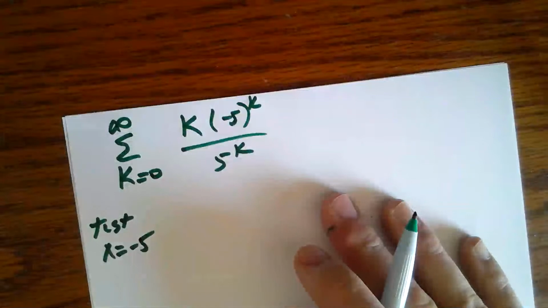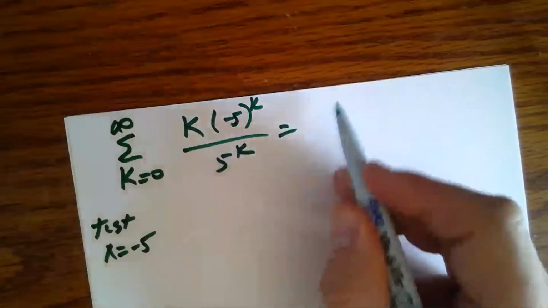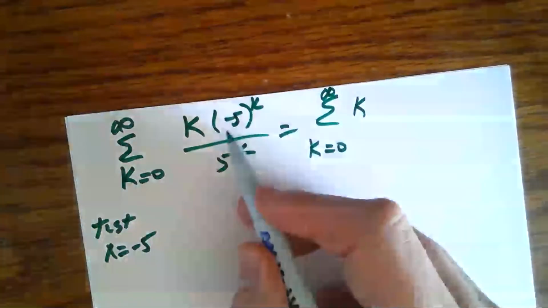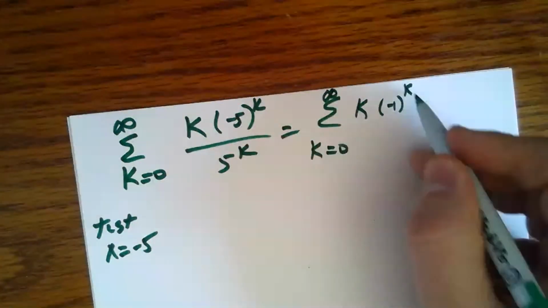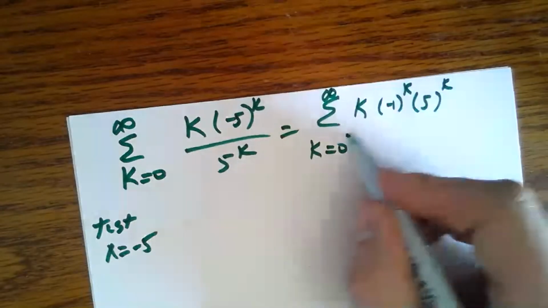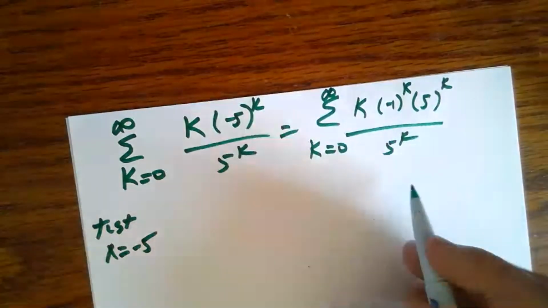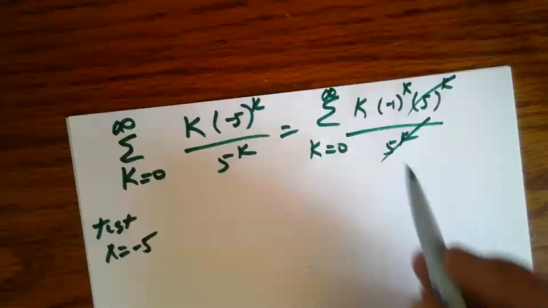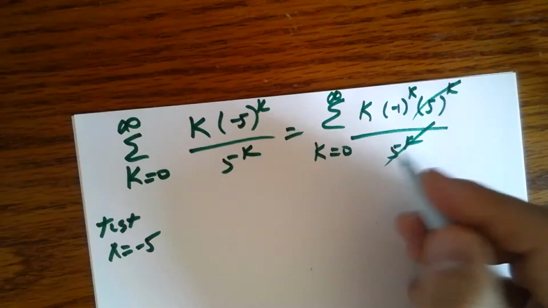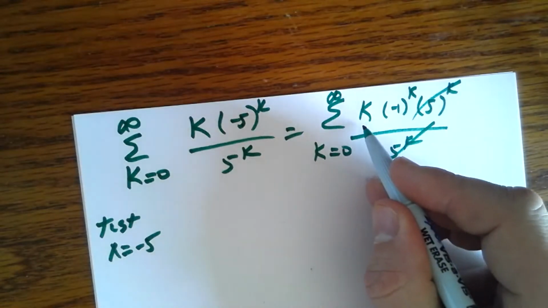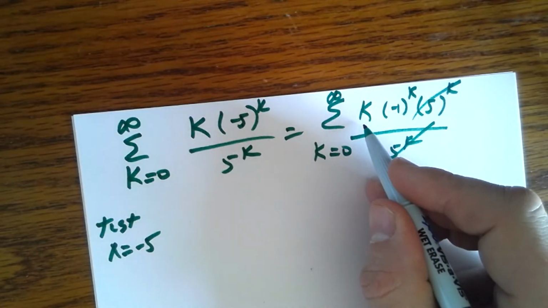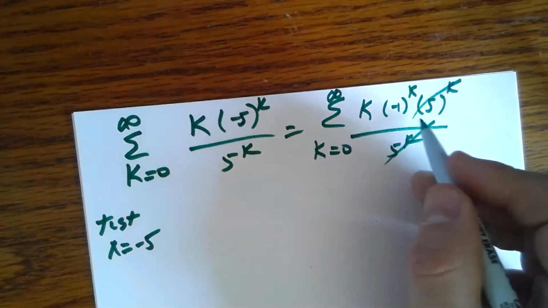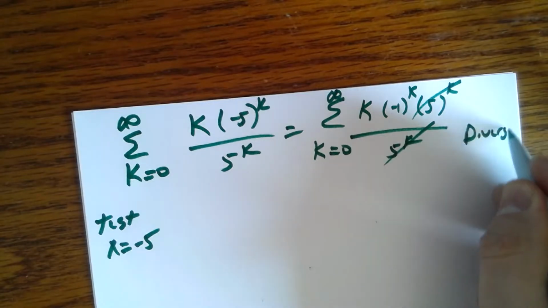I can break this up: -5 to the k is equal to (-1)^k times 5 to the k. Question to you guys now. Does this converge? It diverges. Why? What test? Right, it diverges by the nth term test, because your nth term is not going to go to 0. So it diverges there.